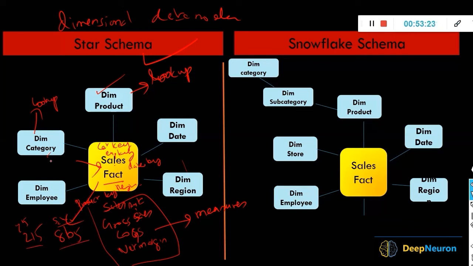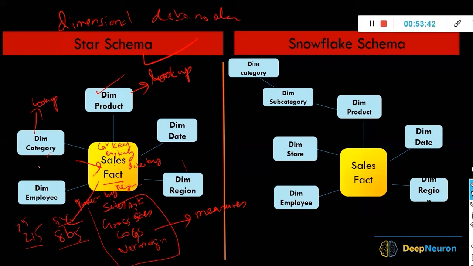That's the reason why the fact table is surrounded by dimension tables. With the dimension tables, we can tell it was in the North region, Q1, and product A in category A sold by so-and-so employee, marketing guys.